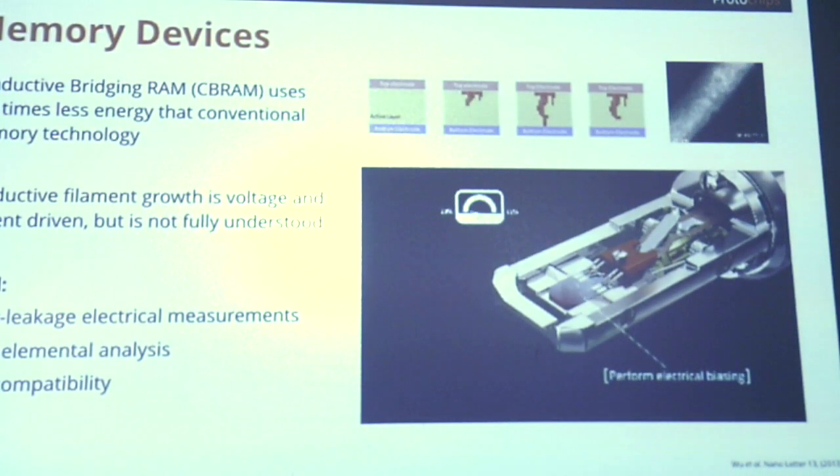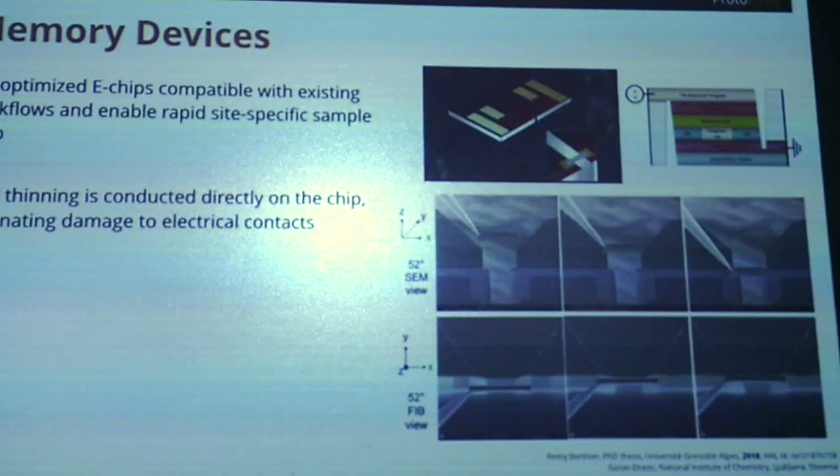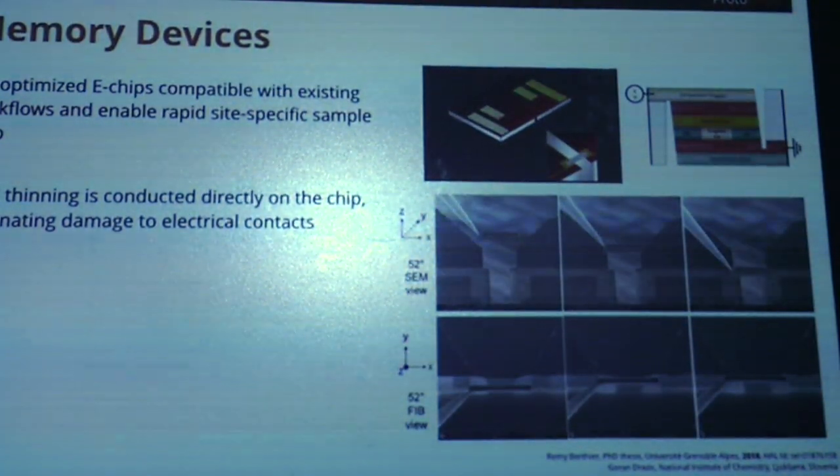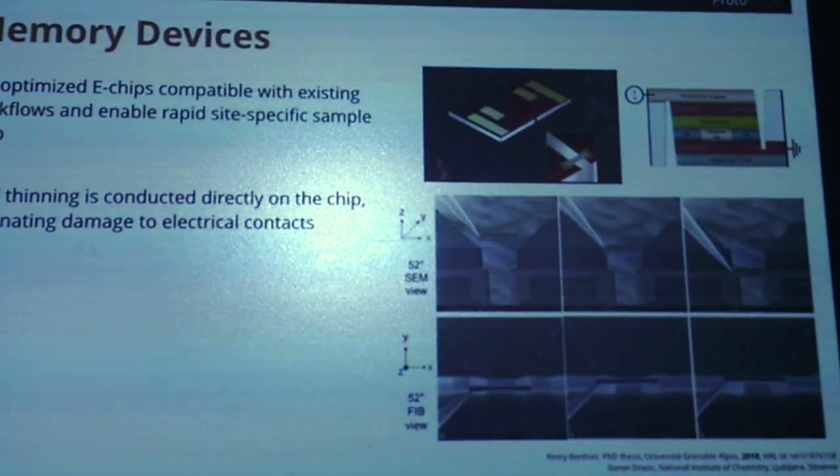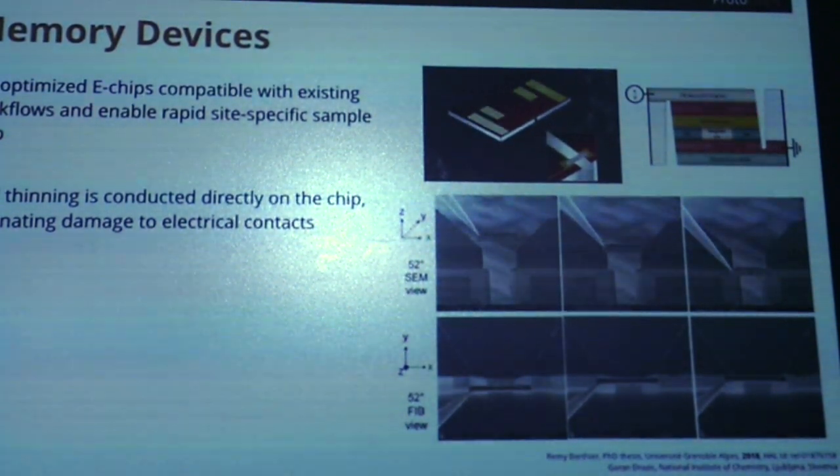This is just an overview showing how the electrical biasing occurs in situ. Okay, so if you've ever done FIB, you know that it's not the easiest thing, and that's even more complicated in a lot of cases if you're trying to do additional characterization in situ. And so we worked with them to develop a whole series of FIB-optimized chips. These are FIB-optimized because they're almost identical to the FIB prep that you're used to if you're doing something on like a copper half grid. You're selecting your lamella and you're landing it directly onto our chip.